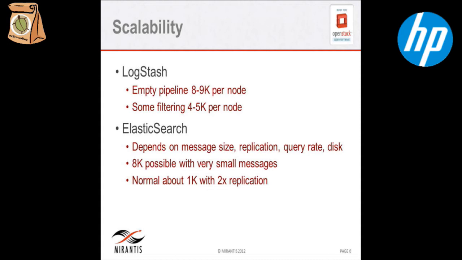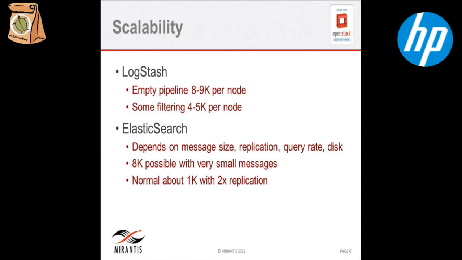But once you introduce filtering, especially if you want to start doing a little bit of transformations or real-time alerting, and your log lines are set to something reasonable, let's say 512 to 2K, then you will be experiencing roughly about 4 to 5K lines per second per physical host.